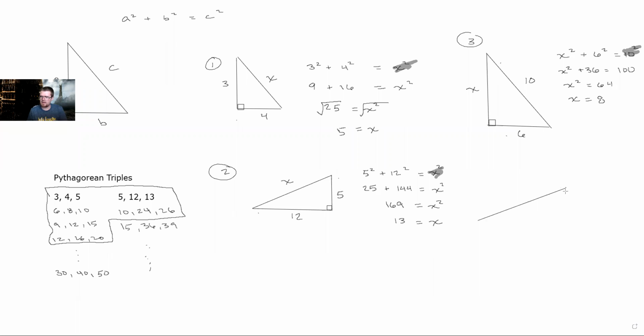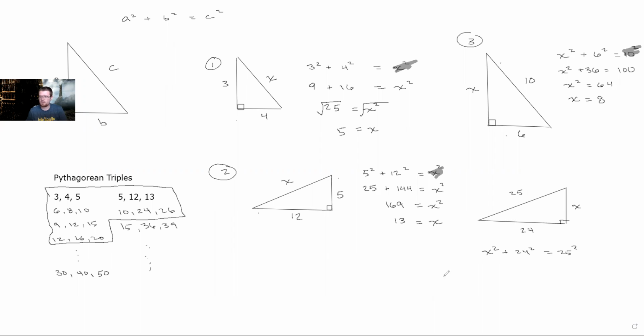Let's say I have, again, not drawn to scale, another right triangle here. I want to solve for the missing side. My hypotenuse is 25, and my other leg is 24. So, filling in the formula, x squared plus 24 squared equals 25 squared.